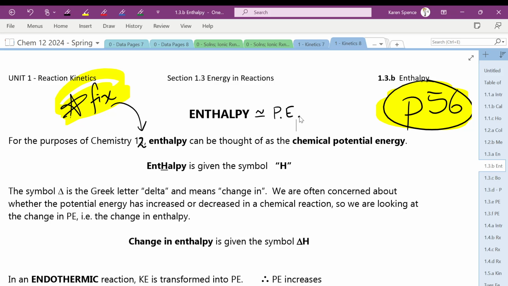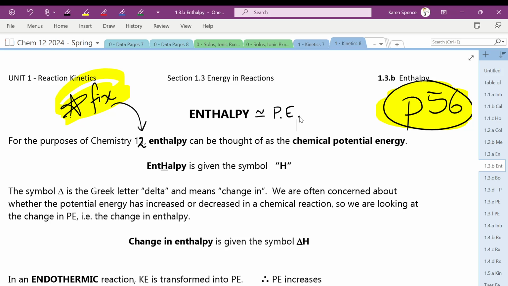Delta H is equal to QP. Did we like that? No, thought not. So we're going to go with it as chemical potential energy, but don't go off to university and write that down because it's wrong. But it's a good way to think about it because it allows you to visualize it, and it works.